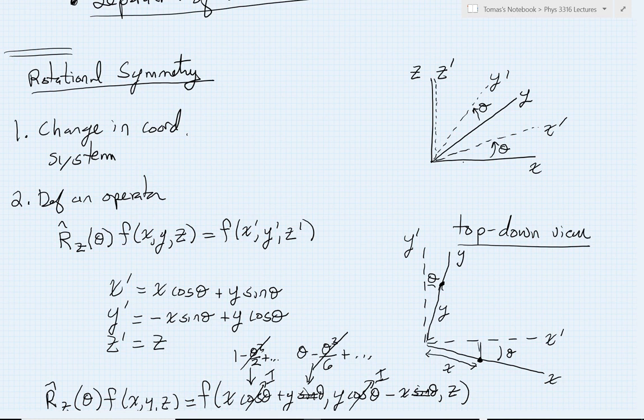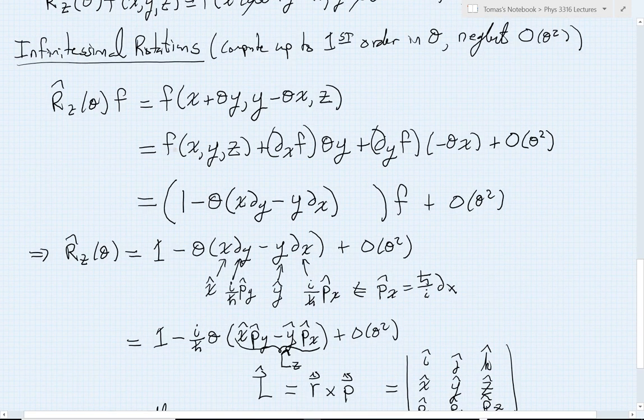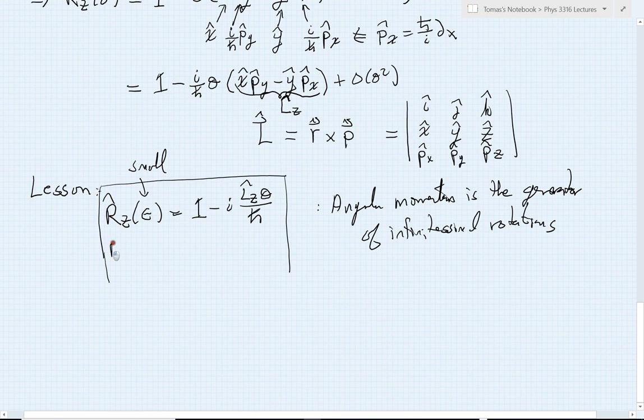The answers I get really shouldn't depend upon my choice of coordinate system. So if I had done the rotation around what I called the y-axis, I would have gotten exactly the same formula, except now it would be the y component of the angular momentum that generates those rotations, and likewise for the x rotation.